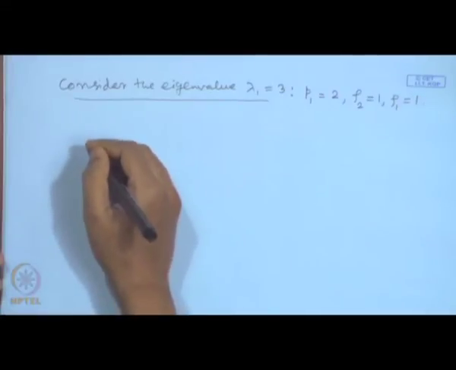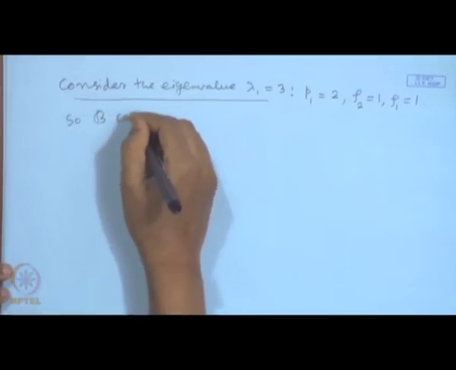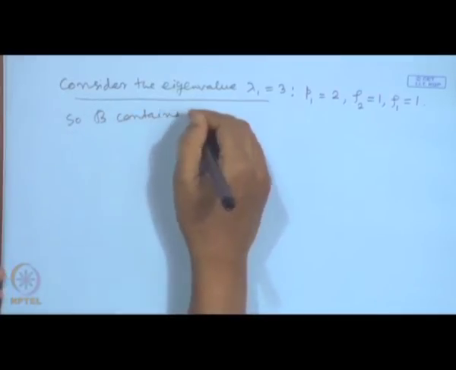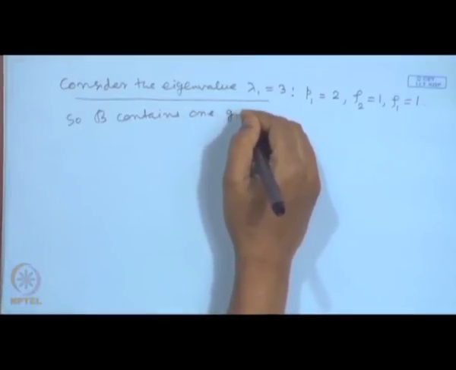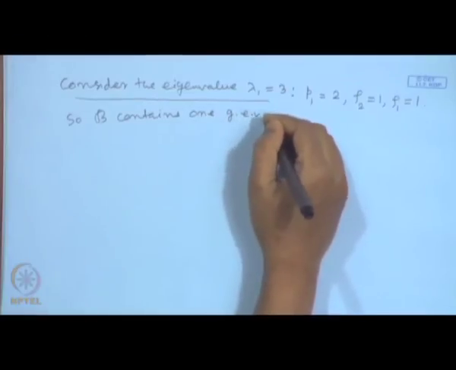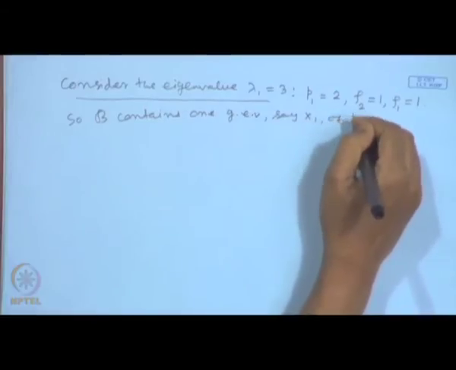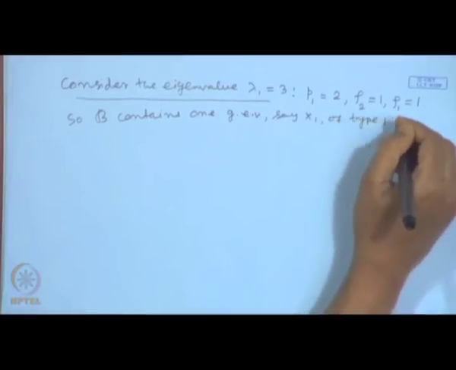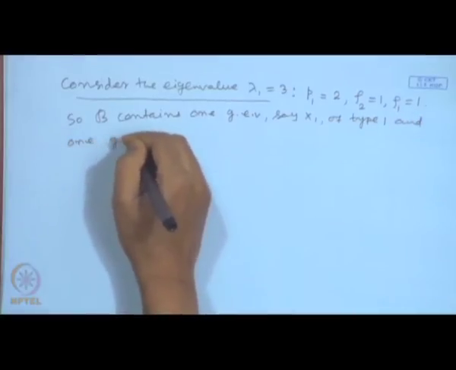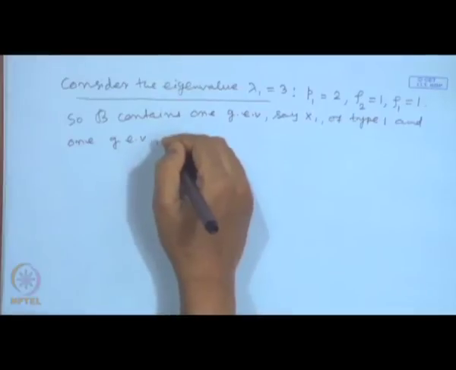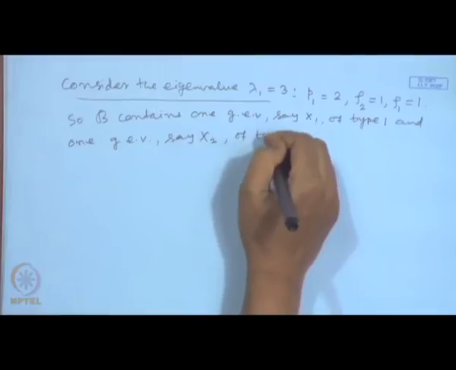So, this means that this B contains one generalized eigenvector, say x 1 of type 1, and one generalized eigenvector, say x 2 of type 2.